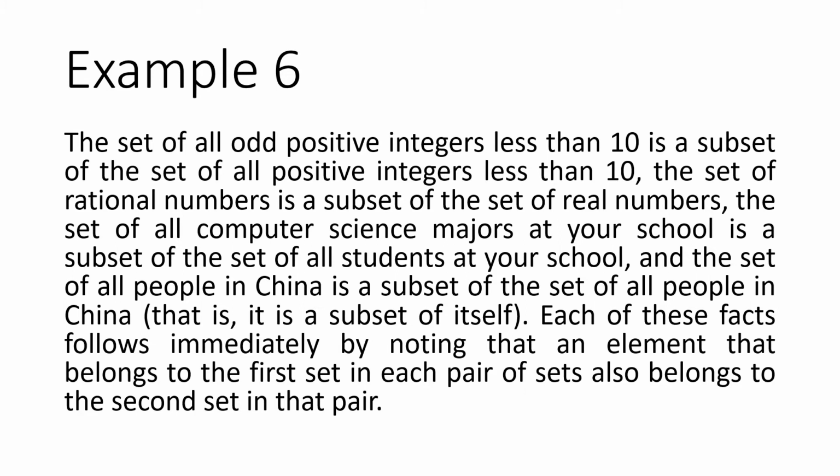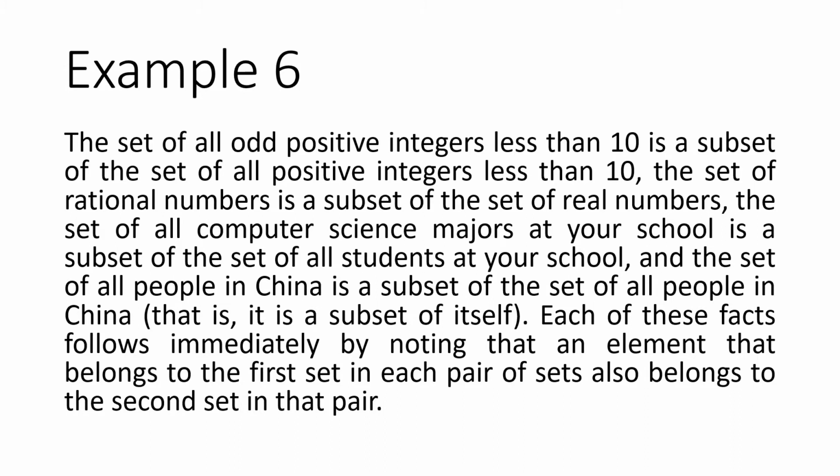The set of rational numbers is a subset of the set of real numbers. The set of all computer science majors in your class or in the school is a subset of the set of all students in your school. And the set of people in China is a subset of the set of all people in China, so it is a subset of itself.